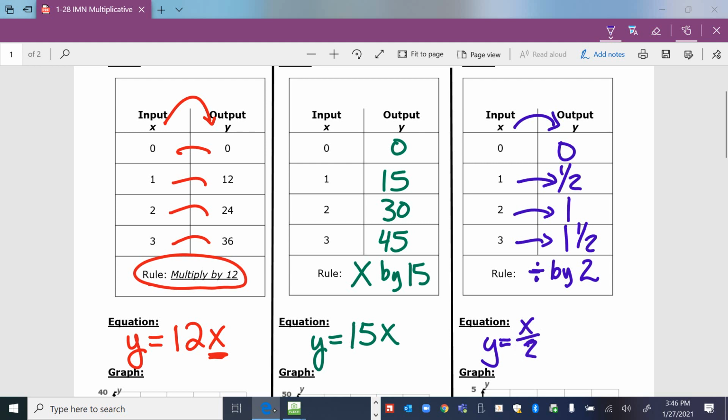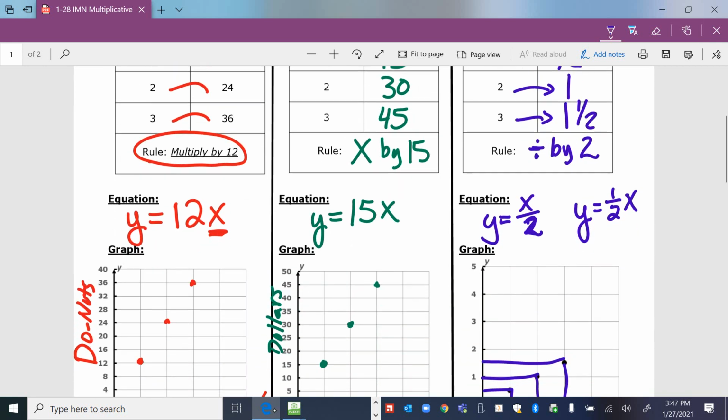Or what they also might use is a fraction: all the y's are equal to 1/2 of the x's, 1/2 times x. I like the first one, I think it looks neater, but the second one you might also see as well. So divide by 2 and 1/2 mean the same thing.